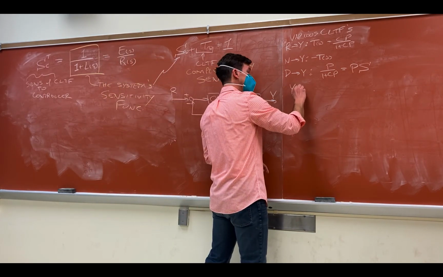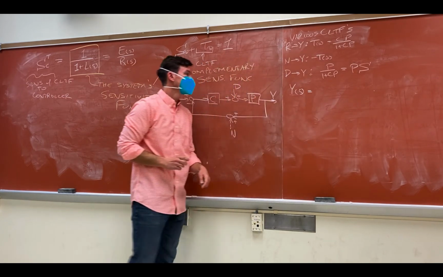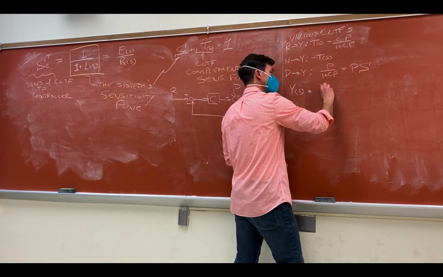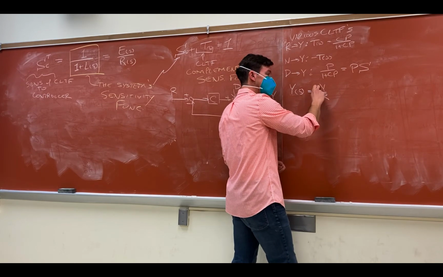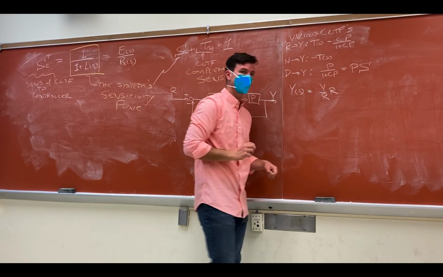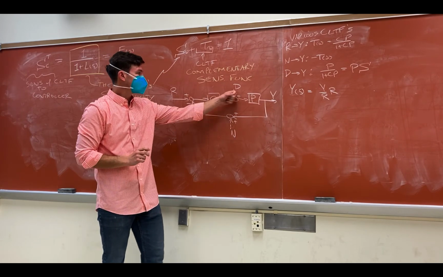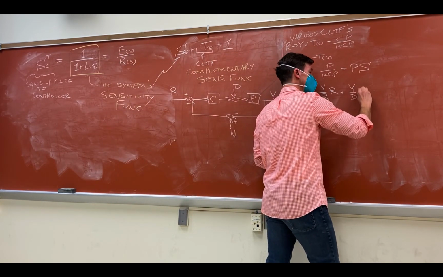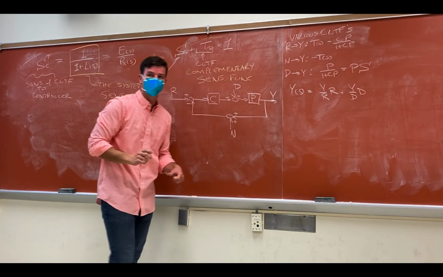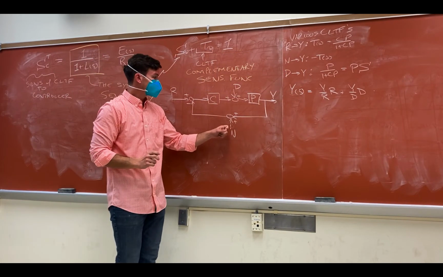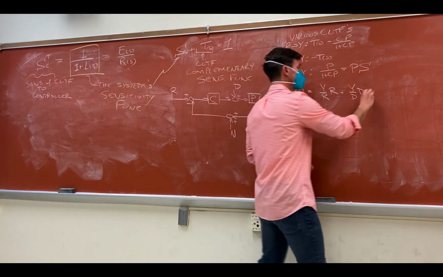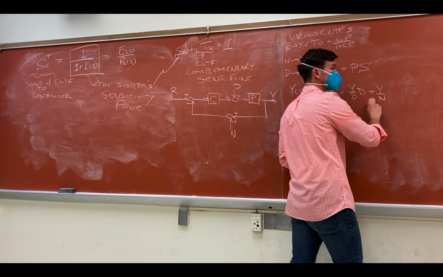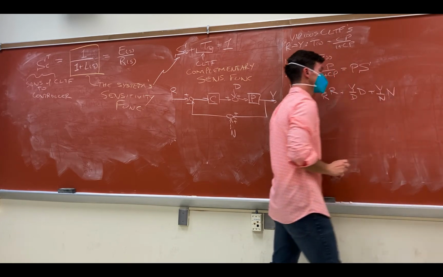So the output can be written as the output due to R, which is the R to Y transfer function times R, plus the output due to D, which is the D to Y transfer function times the input D, plus the output due to N, which is the N to Y transfer function times the input N.